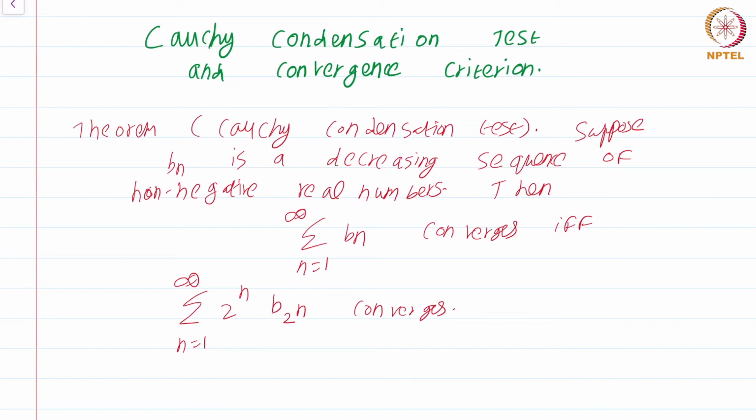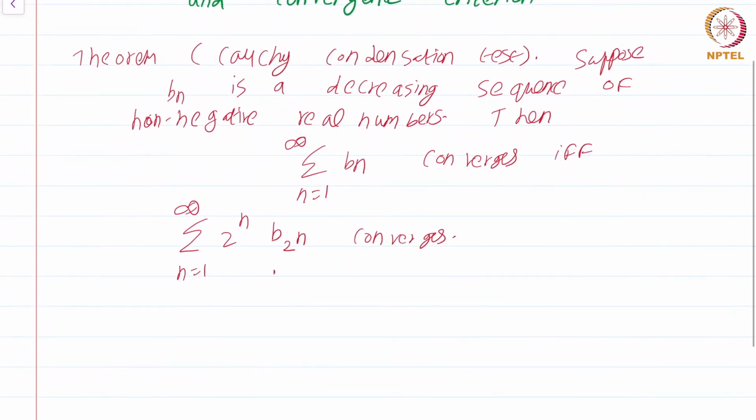So this can be written as b1, oh just a moment, this is actually n equals 0 to infinity. The reason is that 2 power 0 is 1. So this is b1 plus 2 b2 plus 4 b4 plus dot dot dot.